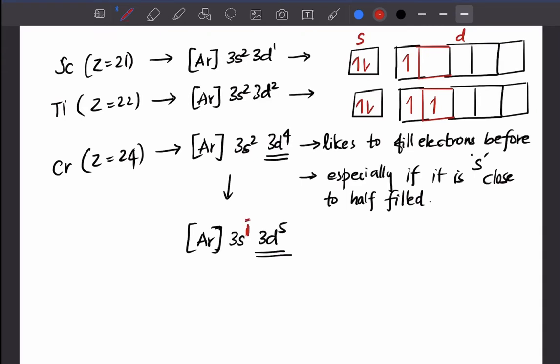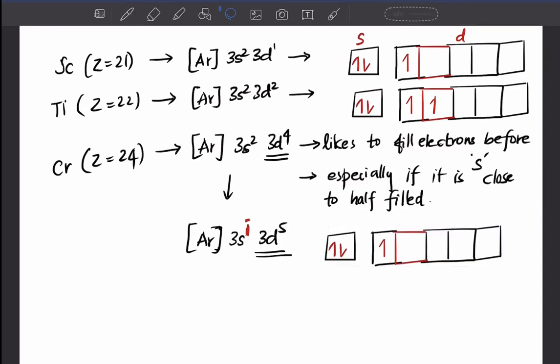So now when you write the configuration, you get five electrons in the d subshell: 1, 2, 3, 4, 5.